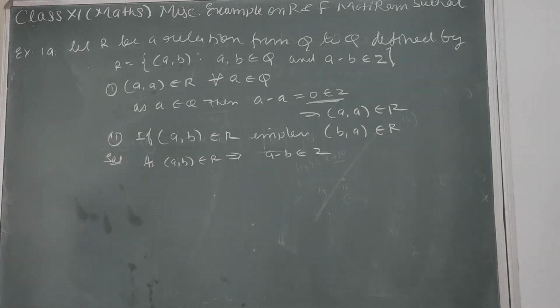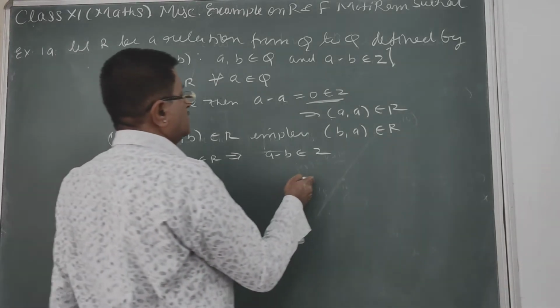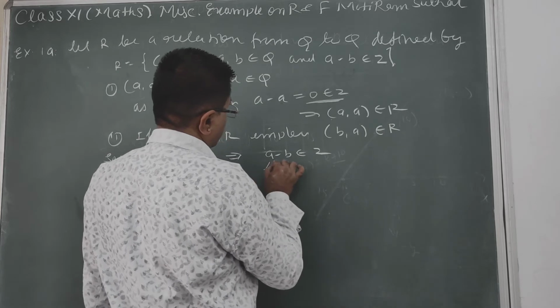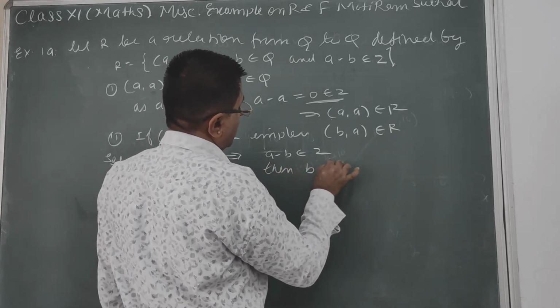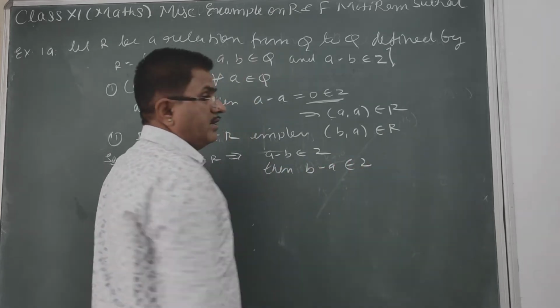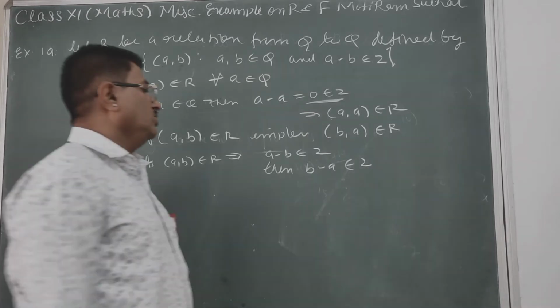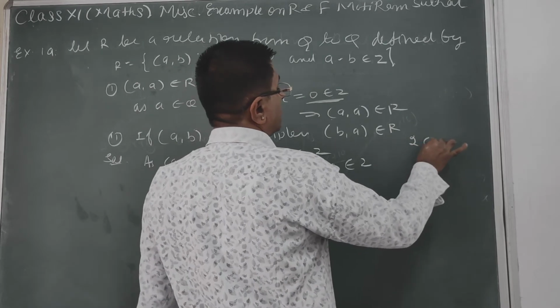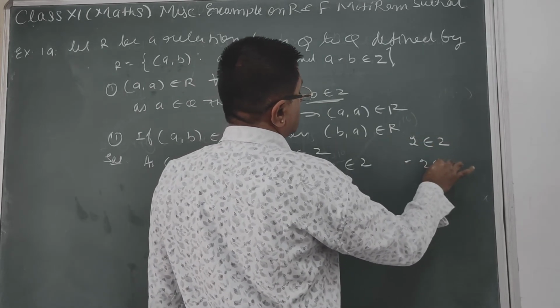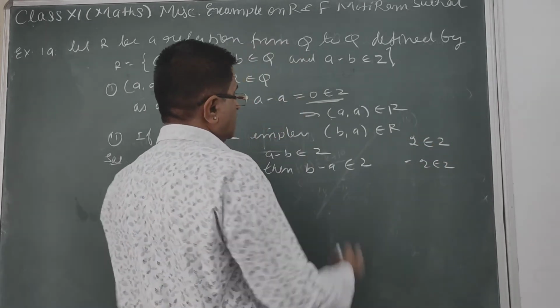So we know that if A minus B is an integer, then B minus A is also an integer. Why? Because integers are opposite in sign. If 2 is an integer, then minus 2 is also an integer. Only the sign is changing.